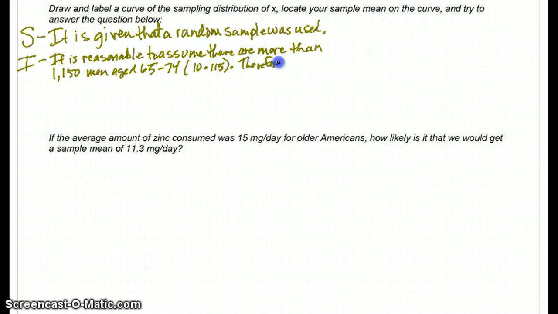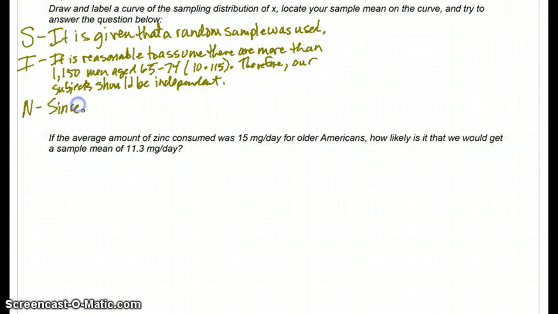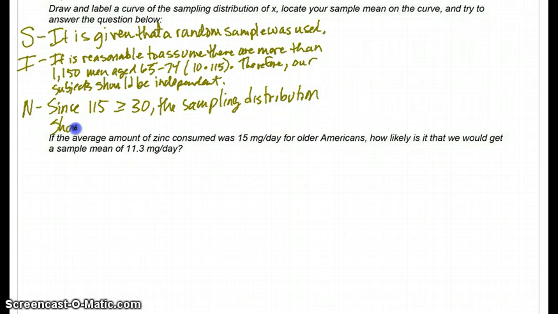Therefore, our subjects should be independent. And n, since 115 is greater than or equal to 30, the sampling distribution should be approximately normal.